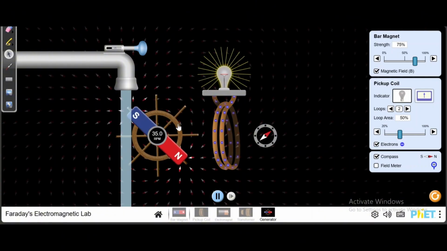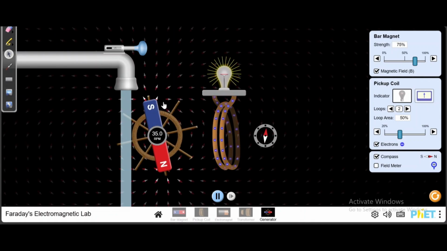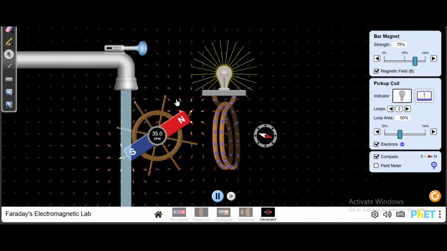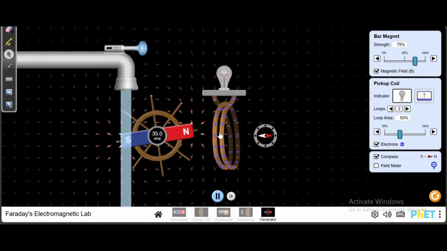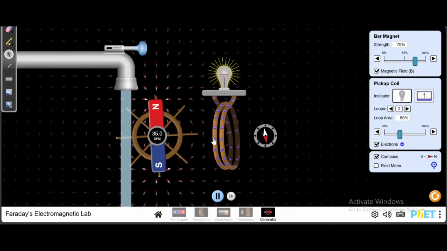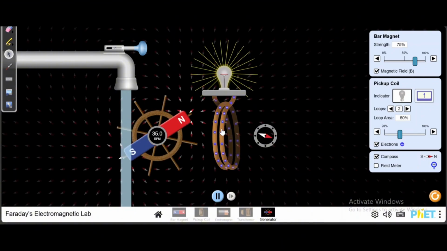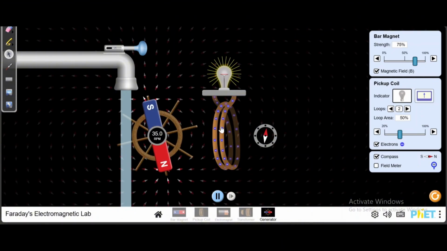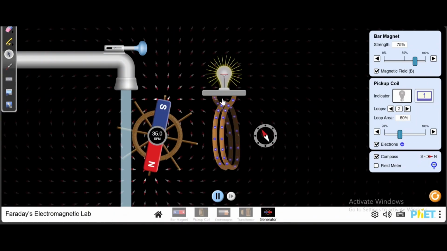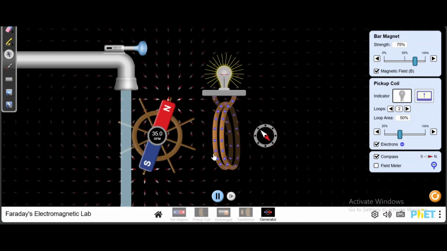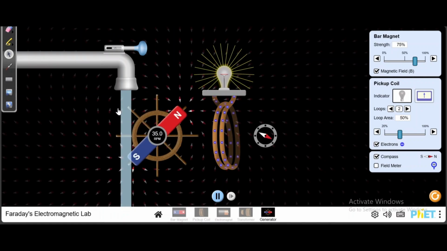So if a change occurs in the magnetic field, it will produce an electric field, meaning that it exerts force on the charges in the circuit. Here this coil is considered to be a circuit. So it exerts force on these electrons in order to move them in a circuit. Here the electromotive force comes from this non-electrical energy.